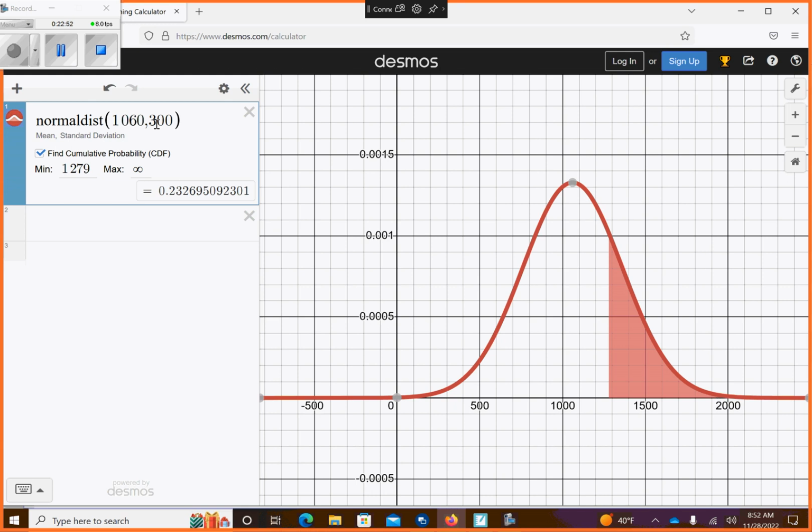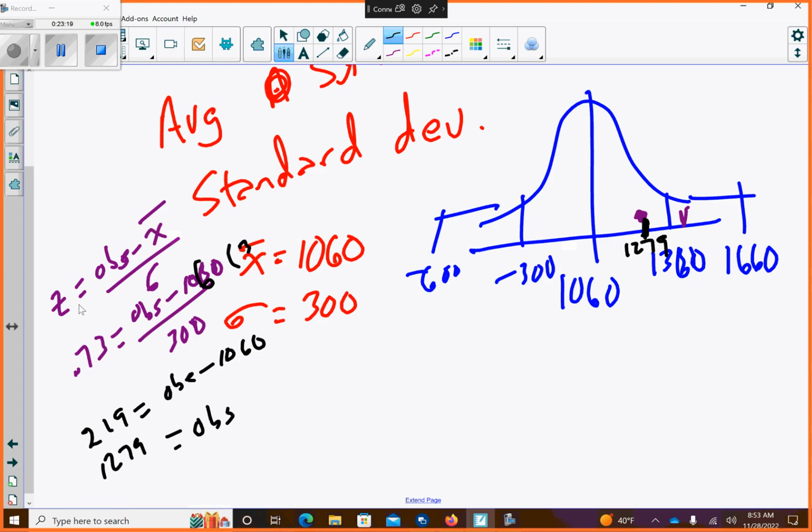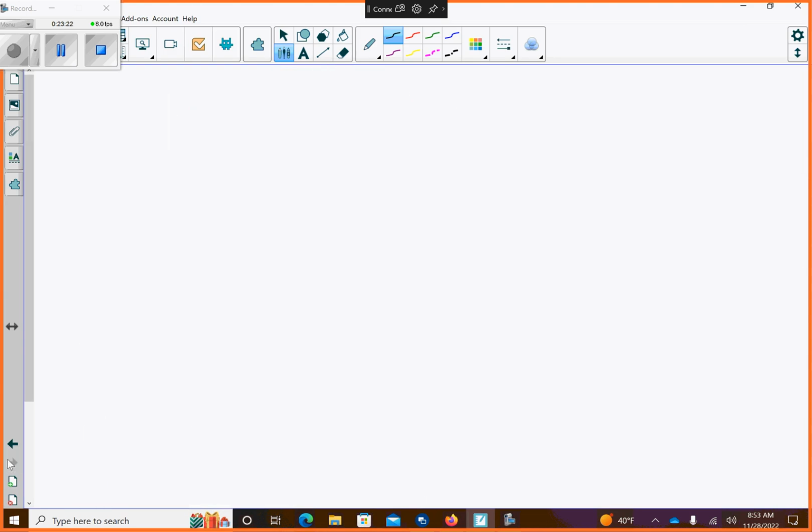They're using the mean of 0 and the standard deviation of 1. So you don't have to change that. You can just change normal distribution 0, 1, and then you're just manipulating. Think about if you're going to the right. If you want the area to the right, you're going out to infinity. If you want the area to the left, you're starting at negative infinity. But I think you all might be able to play around with this. I wanted you to start it now so you have the opportunity to ask questions.